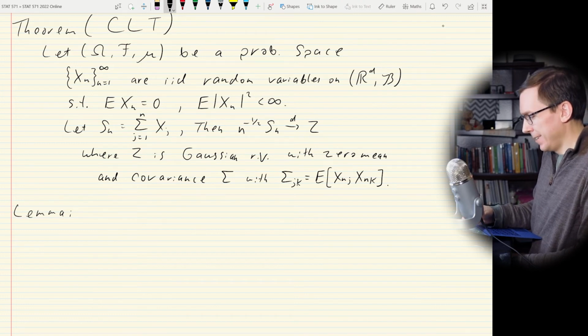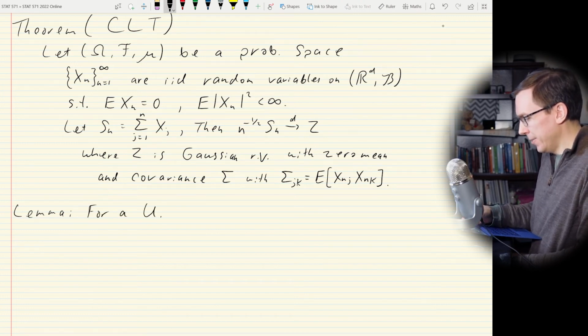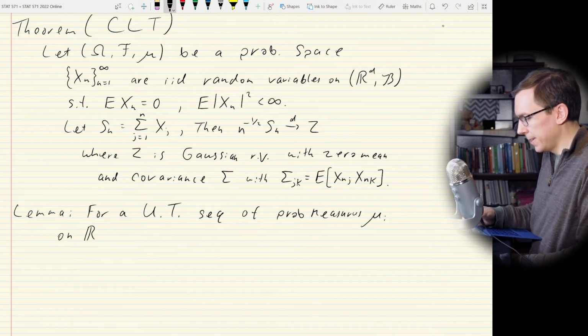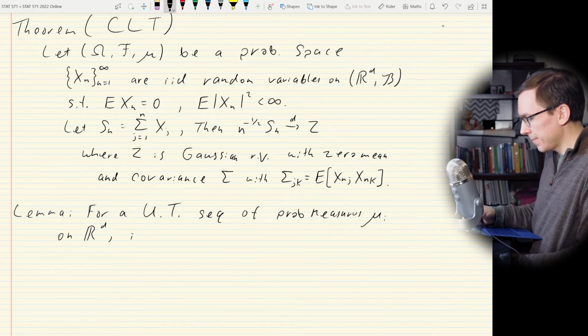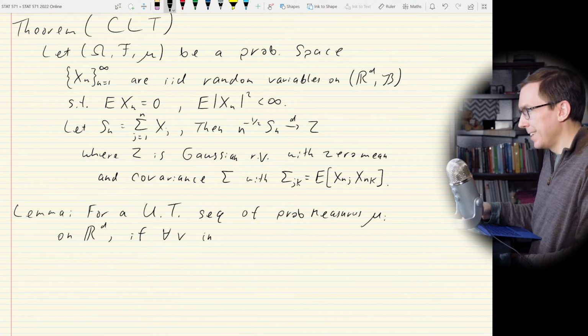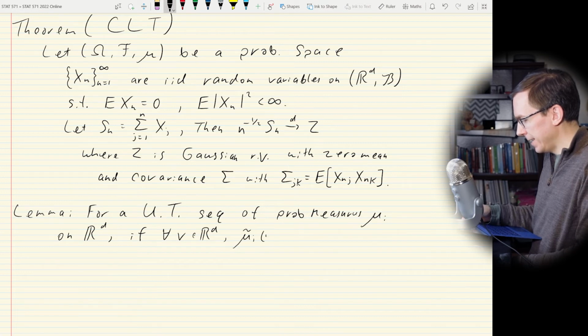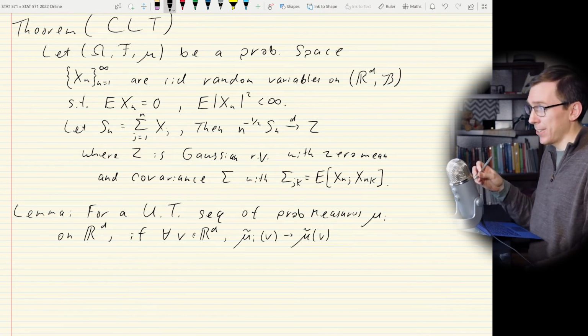So, lemma: for a uniformly tight sequence of probability measures, let's say mu_i on R^d, if for all vectors v in R^d, the characteristic function of mu_i at v converges to mu tilde of v, so this is basically pointwise convergence of the characteristic function.